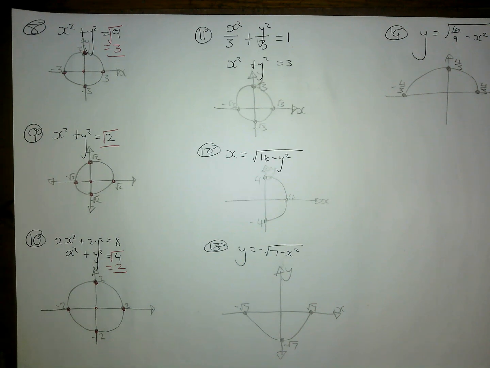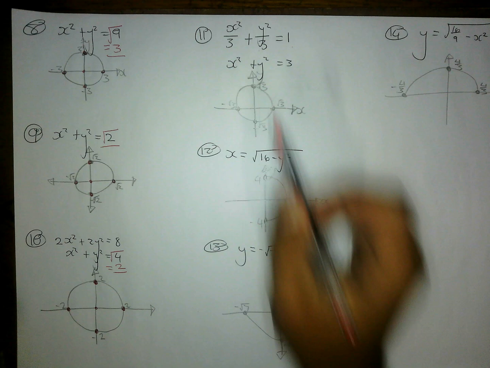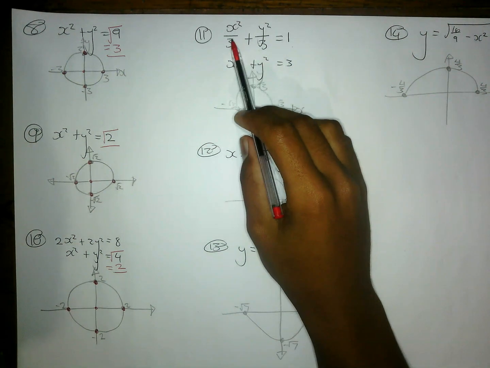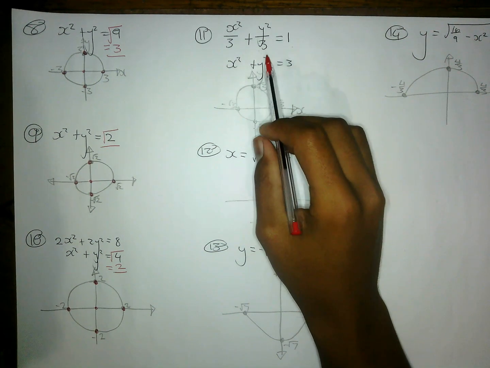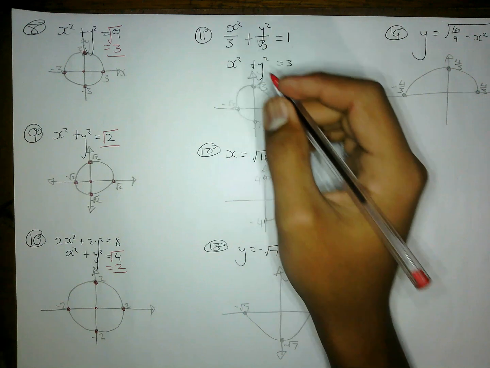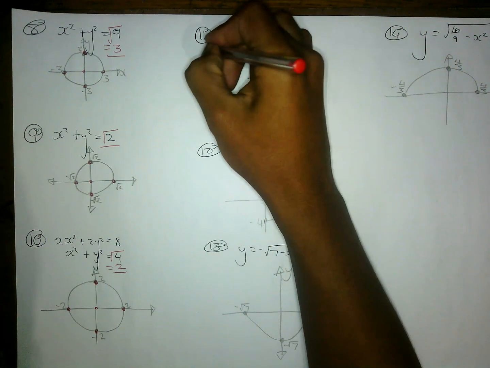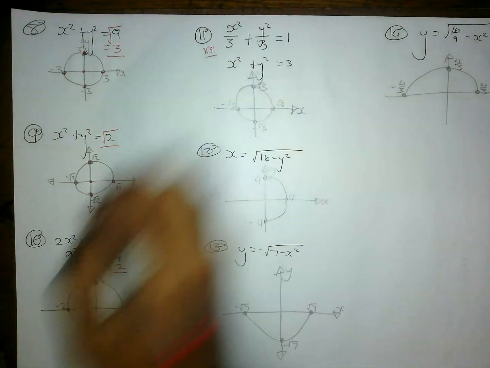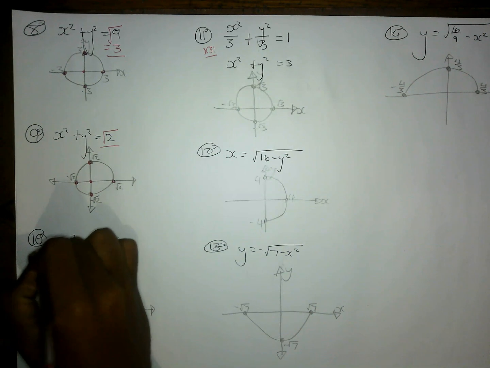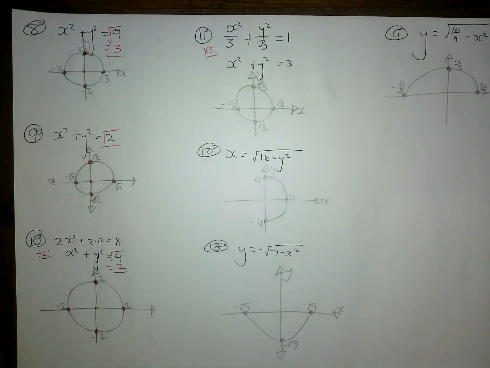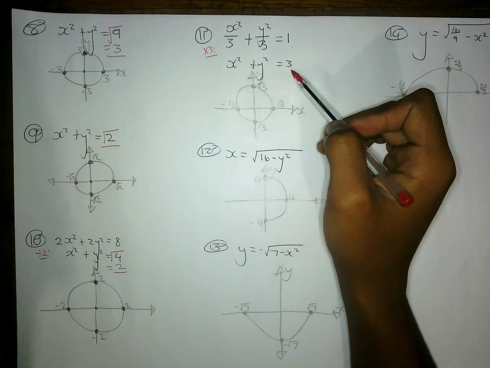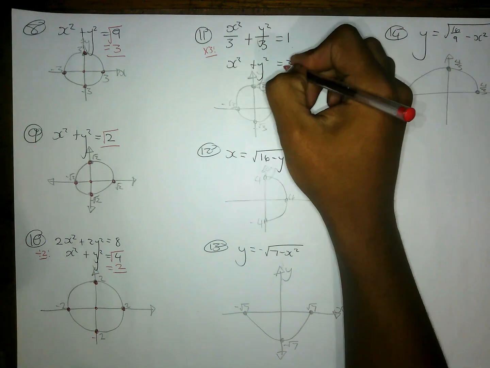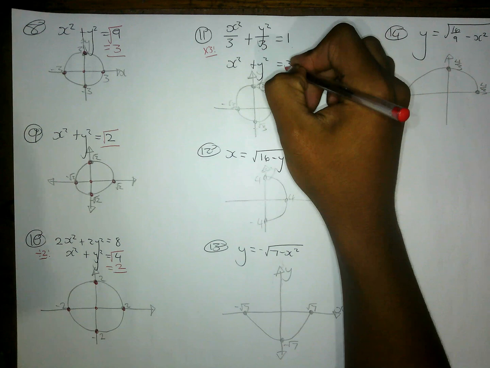So we do the same thing again. We multiply by 3 to get rid of the fraction 3 over here. Here we divided by 2, so here we multiply by 3. That's how we have 3 over here now. And all we do, like the others, is say square root 3.